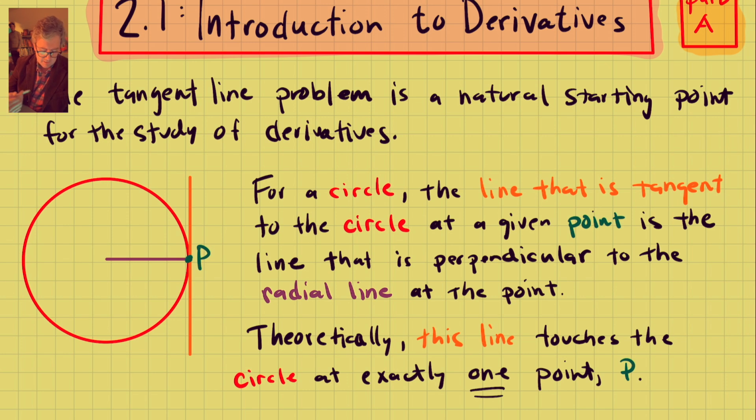And that line, this orange line here, intersects the circle, theoretically speaking, at exactly one point, and we've marked that as P. Of course, in practice you can't draw that, but you can imagine, conceptually, in an abstract way, a line touching the circle at one point. And that's what we mean by a tangent line.